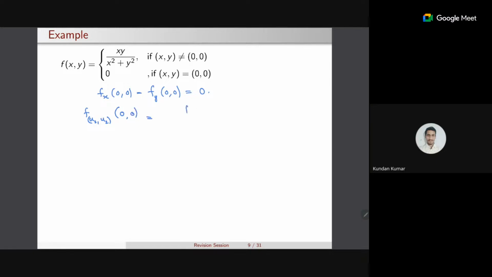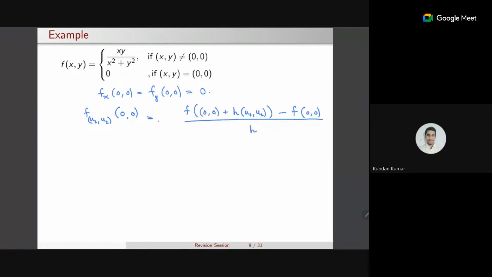We want the directional derivative of f in the direction of (u1, u2) at the point (0, 0). So I look at the function at the given point, change the input value by h times the unit direction vector, assuming (u1, u2) is a unit direction vector, and then I subtract the initial value, f(0, 0) in this case, and divide by h. And then I take the limit of this.